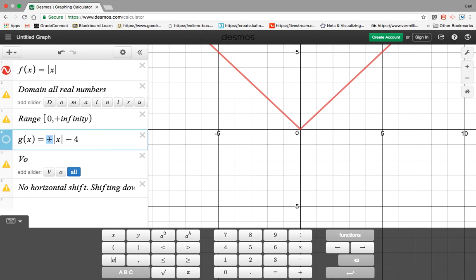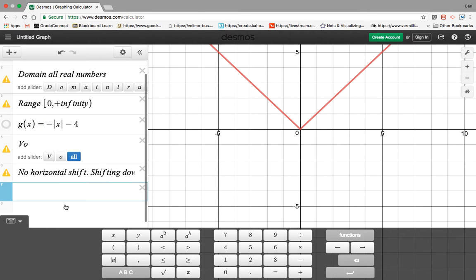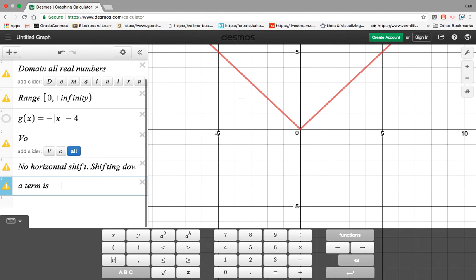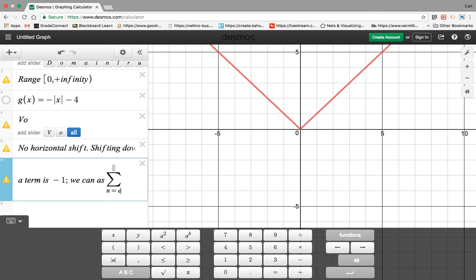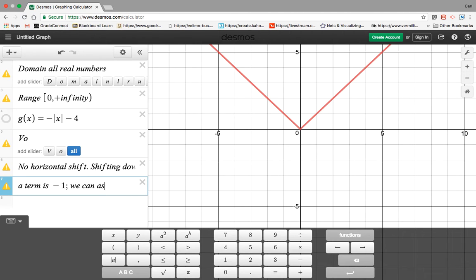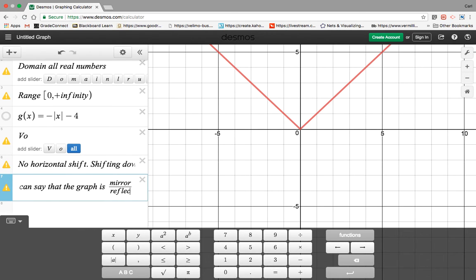Well, if we look at the reflection portion, we see that this is a negative number. So since the A term is -1, we can say that the graph is mirrored or reflected over the x-axis.